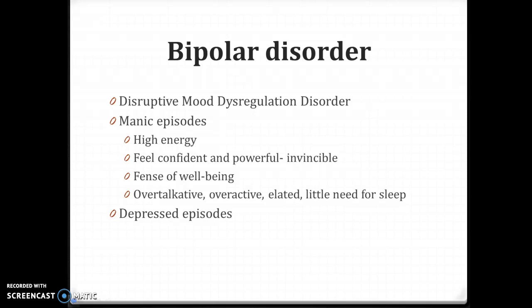For the manic episodes, these are things that are very, very different from depressed episodes. The person would be very high energy, feel very confident and powerful, even invincible, with a false sense of well-being, over talkative, overactive, elated, having little need for sleep.